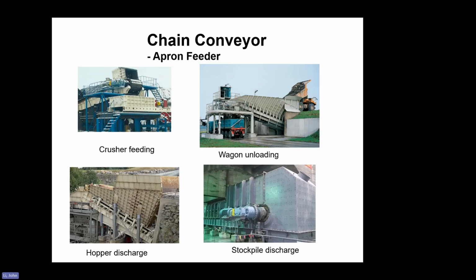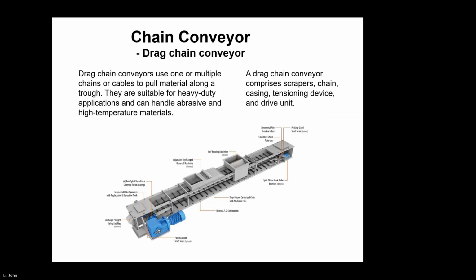This application we already introduced. Another chain conveyor, we call it the drag chain conveyor. A drag chain conveyor uses one or multiple chains or cables to pull materials along a trough. This is a chain, this is a trough.